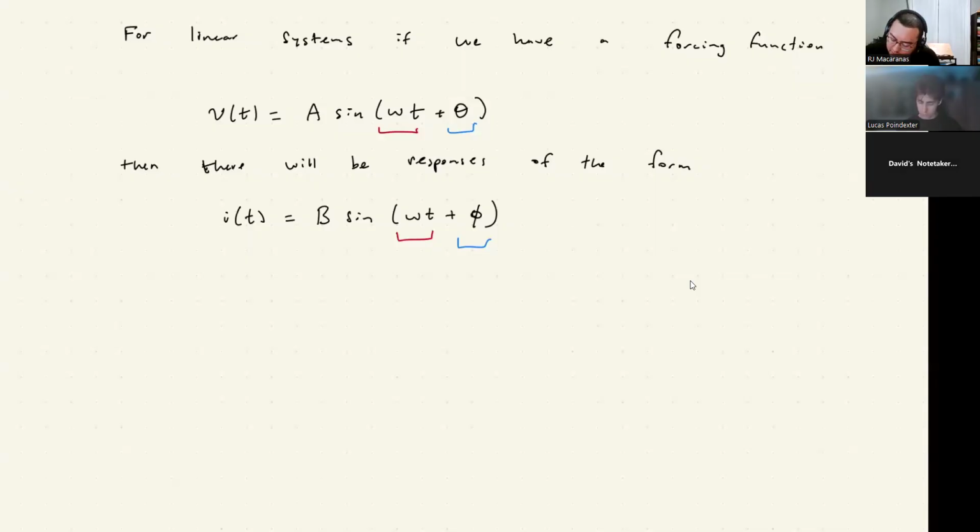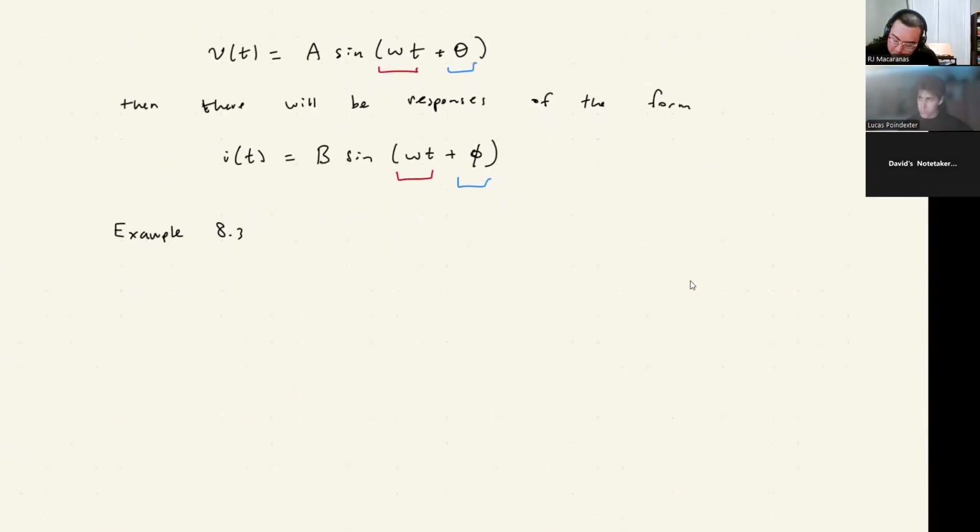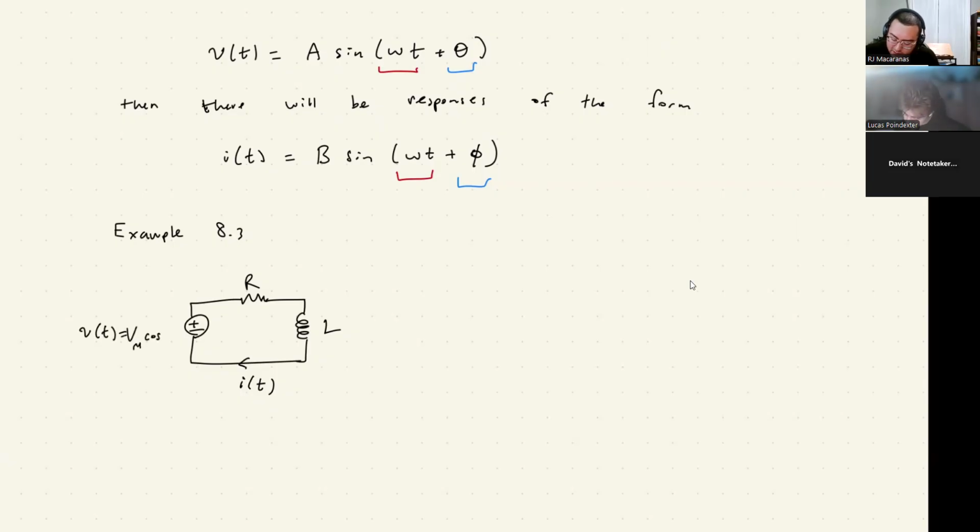All right, so moving on to this example, I'm actually not going to walk through this entire example, but I'm going to draw out the circuit. This is the circuit that we are looking at, and they use this as an example to demonstrate why it's not necessarily feasible to use differential equations if we don't have to.